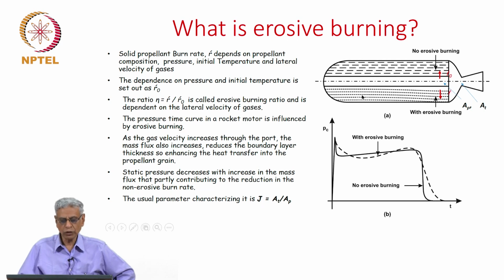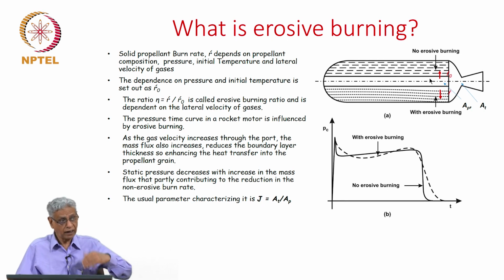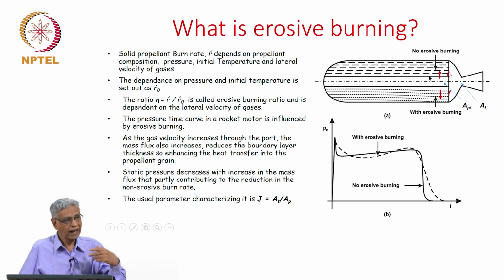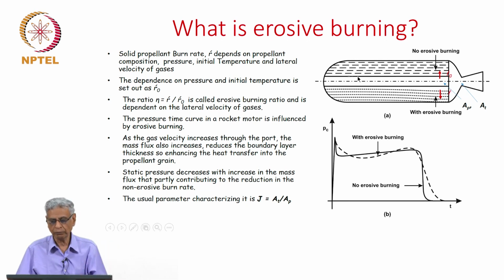But when there is erosive burning, there are flowing gases in the port, and if these velocities are very high, then the Reynolds number is quite high. This produces essentially a boundary layer next to the surface, and that causes extra heat transfer compared to the places at the head end. This leads to a larger burn rate.